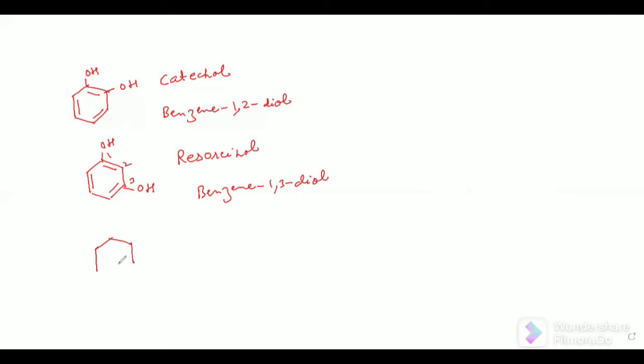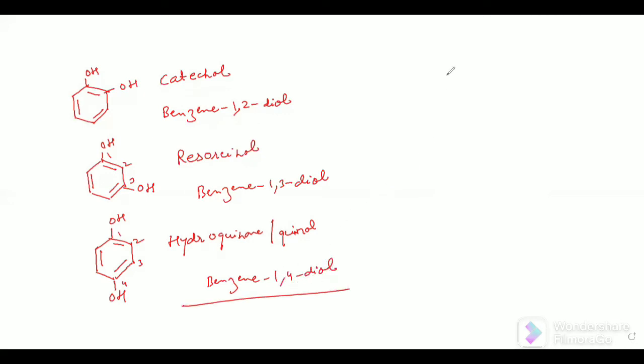Similarly, if we attach one hydroxyl group here and another here, the common name is hydroquinone or quinol. For the IUPAC name, we can start numbering from any OH group, so it will be benzene-1,4-diol. Okay, so that is about the nomenclature of phenols.